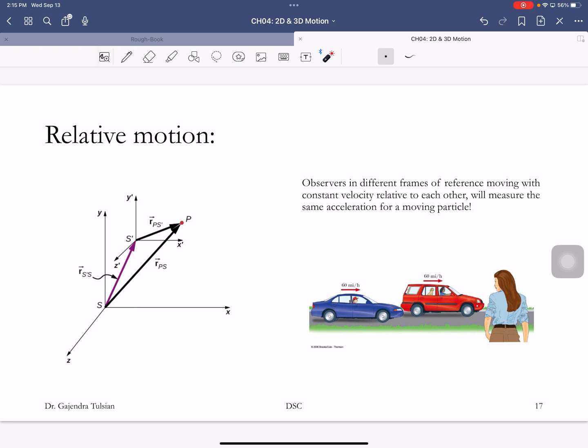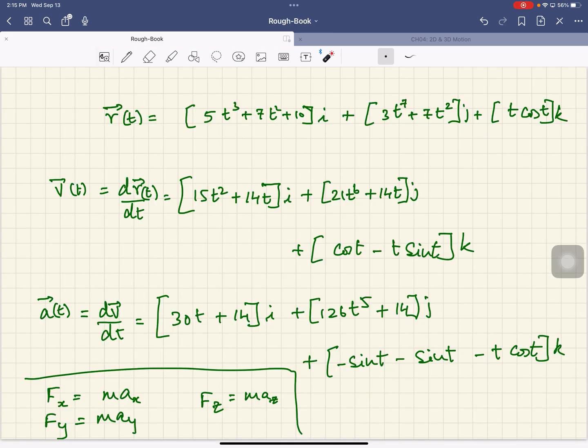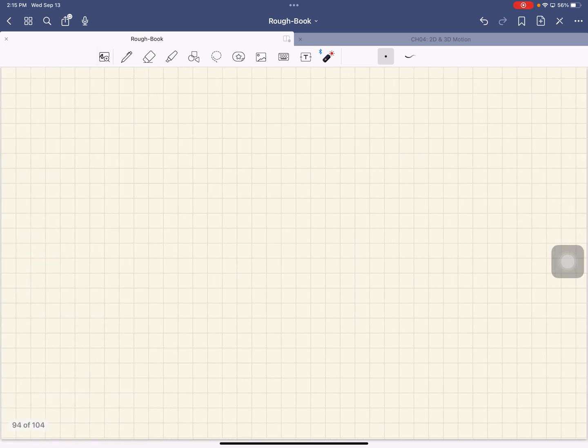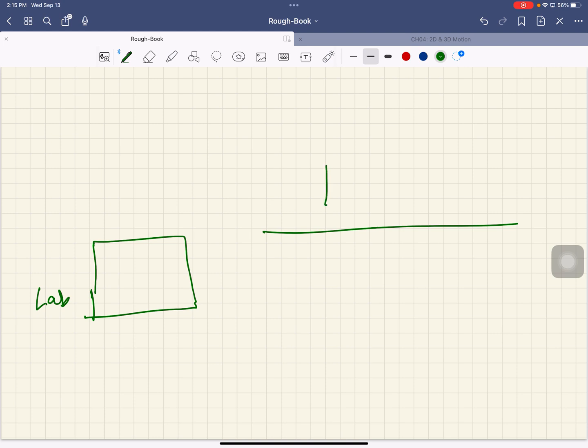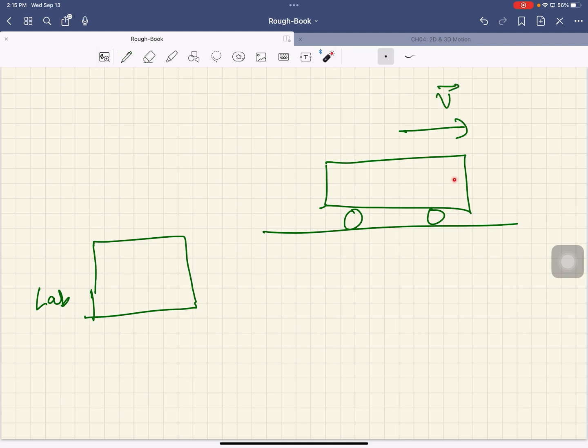All right. The next thing we want to study is related to the following fact. Let's say this is a lab, and this is a train that is moving at a constant velocity relative to this lab.